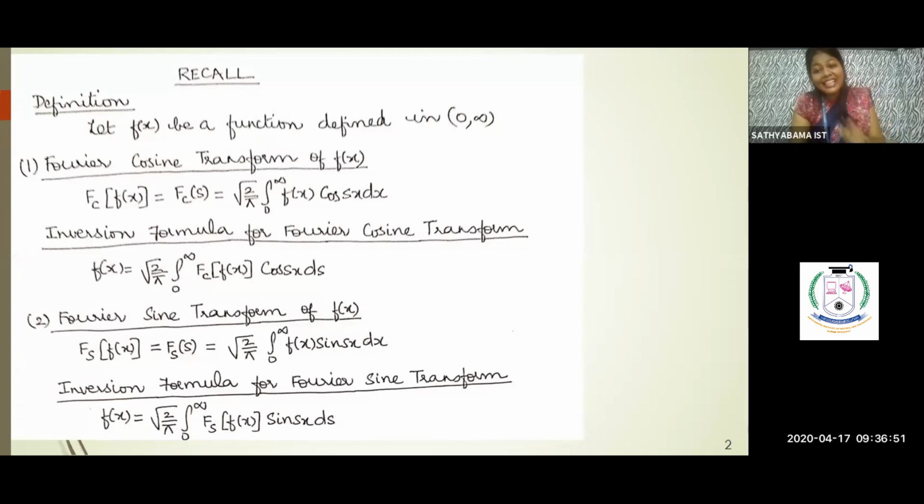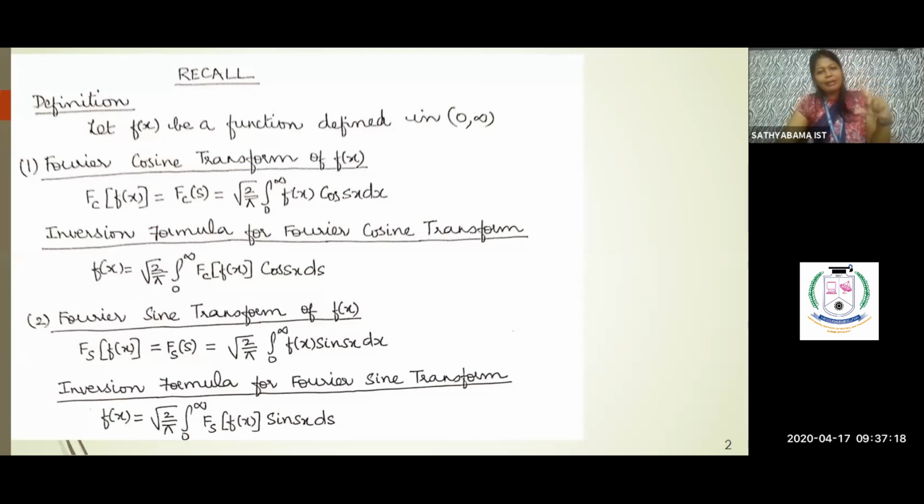The corresponding inversion formula: Fs of f of x and f of x are interchanged, and dx is replaced by ds. So f of x is equal to, again, root of 2 by pi, integral 0 to infinity, Fs of f of x, sine sx ds.